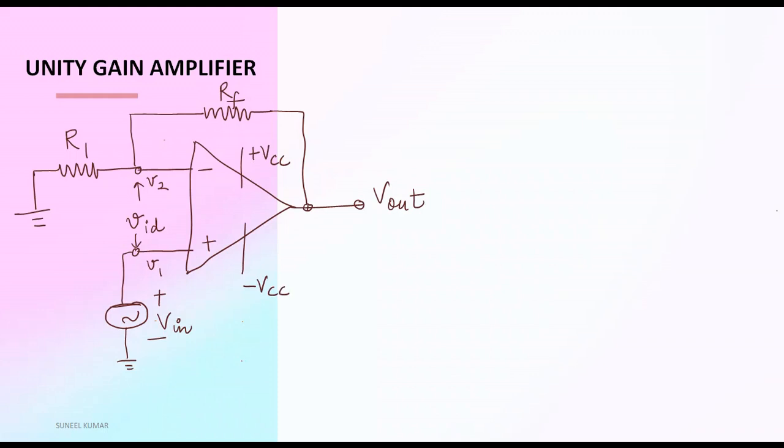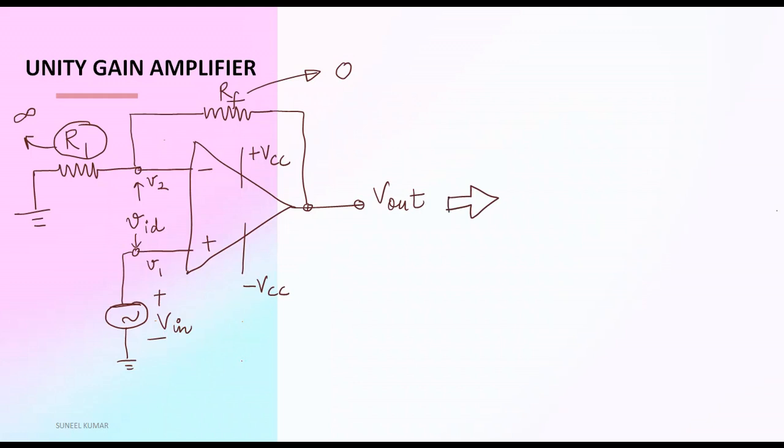So what we are going to do, we are going to make RF 0 and R1 infinite. This R1 has to be infinite. So how can we convert this circuit?